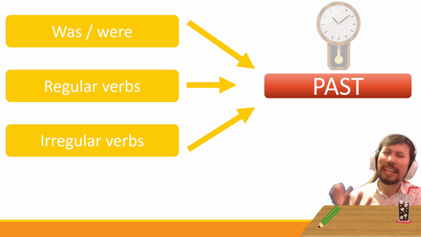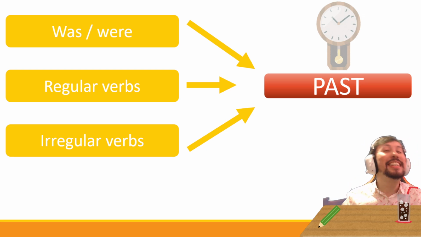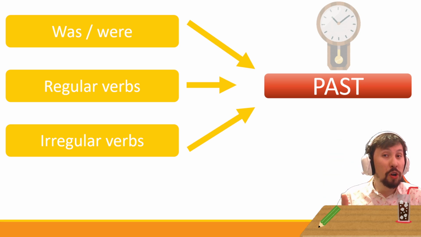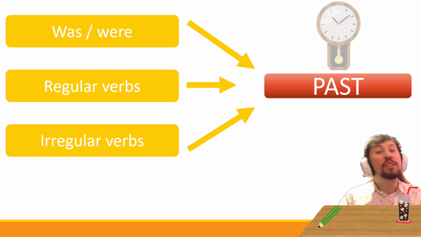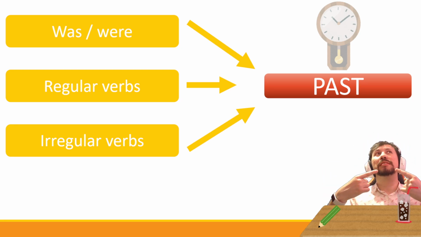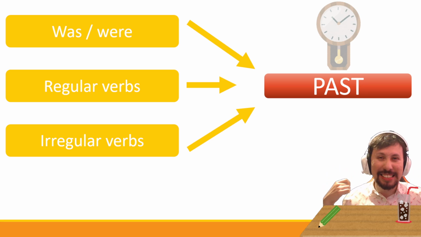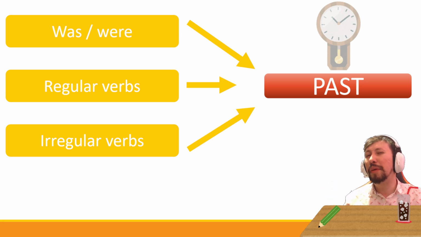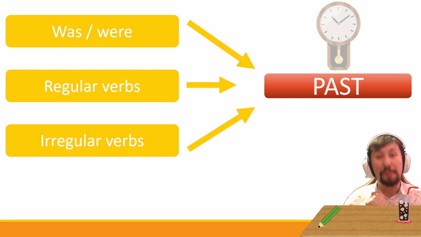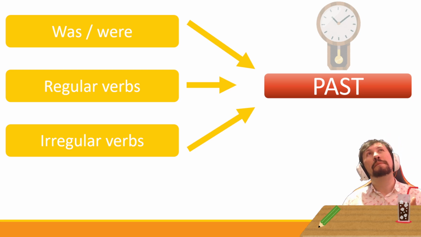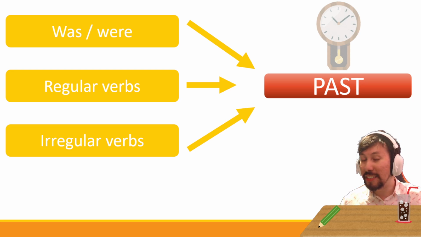So, was and were, these are the easiest of all these 3 sections. We use was and were to talk about past states. So for example, maybe last weekend you were at the beach. Interesting. Or maybe you want to talk about your parents.